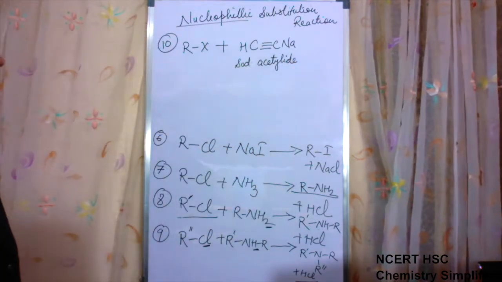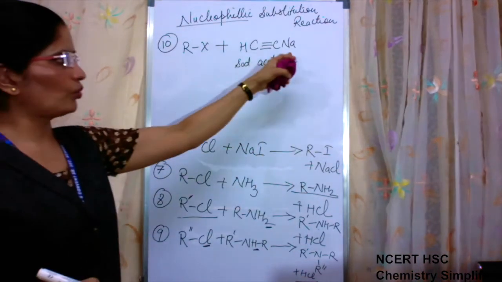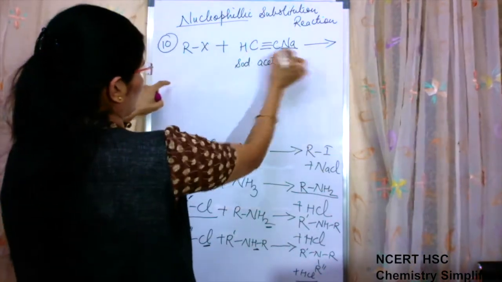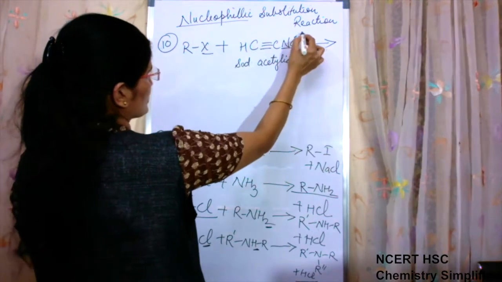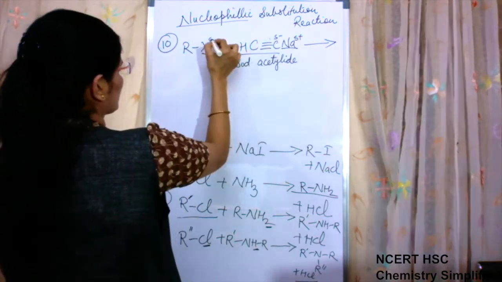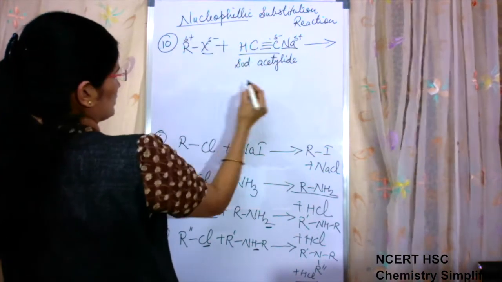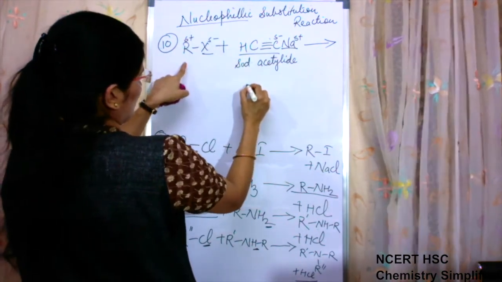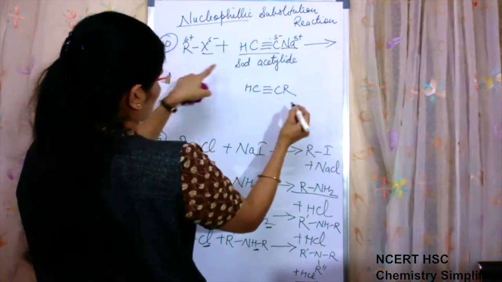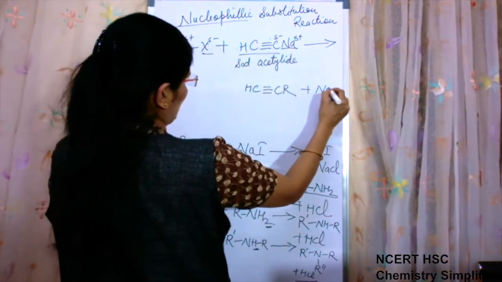If such a compound is used with RX, then Na will go with X, because this is positive, this is negative. So it will give HC triple bond C R plus NaX.